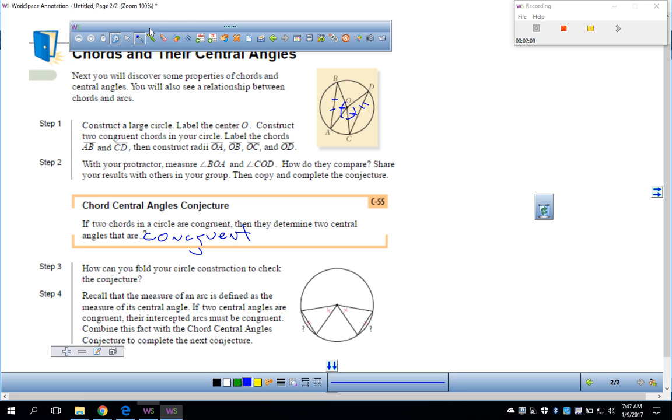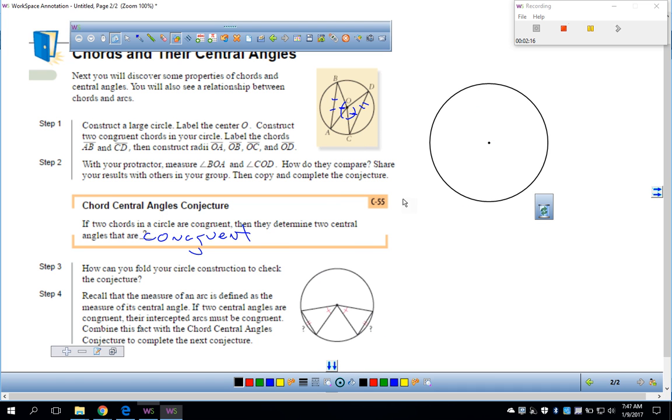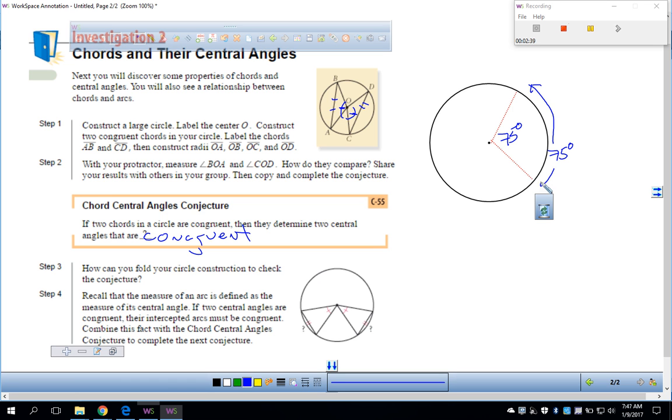Now, I don't know if you guys remember, but when we defined circles, way back in chapter 2, if this angle here is, say, 75 degrees, this arc from here to here is also 75 degrees. We covered that, right? First semester. The central angle is the same as the measure of this arc.